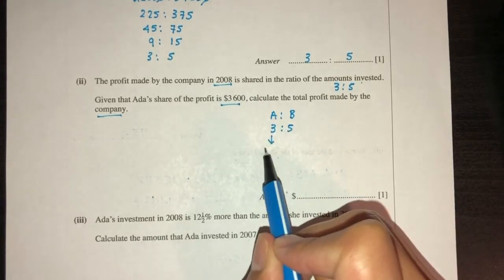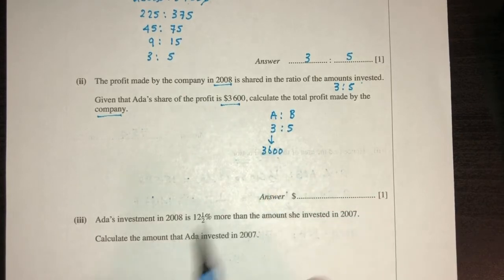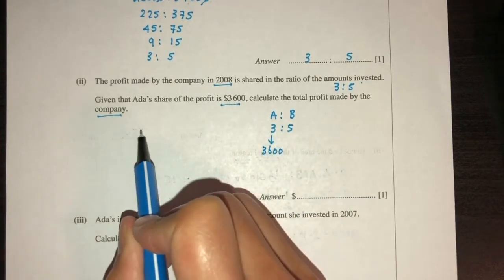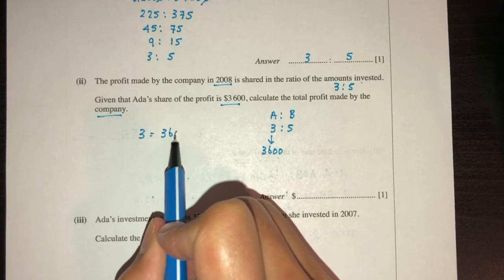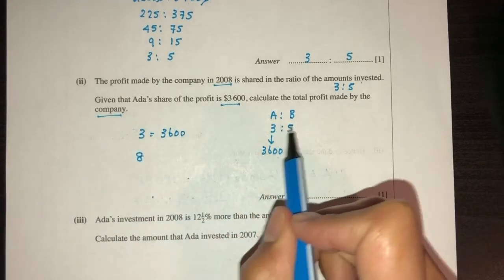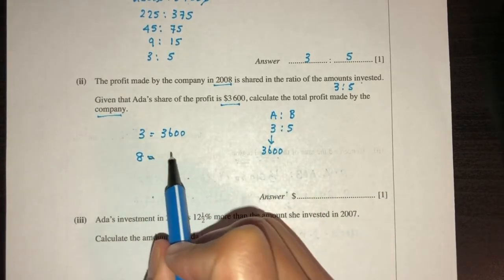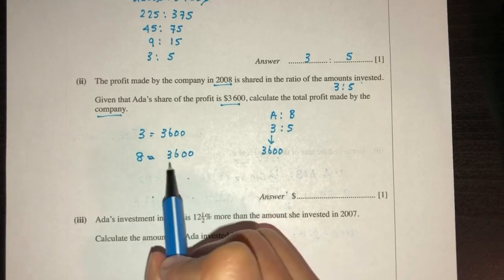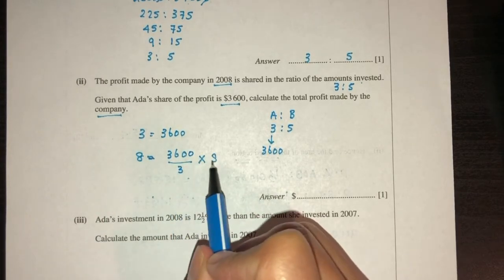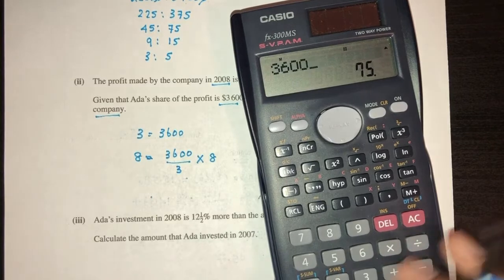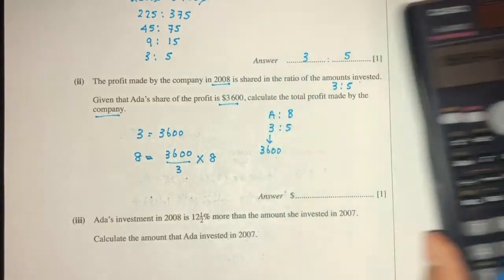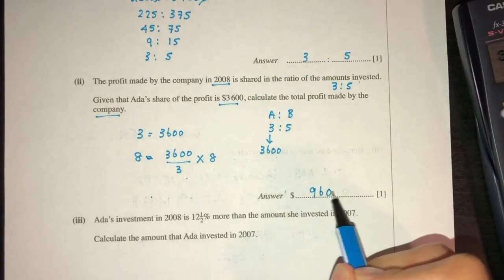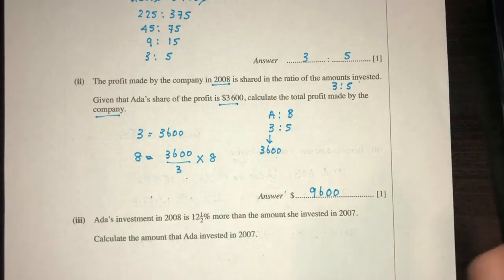If 3 is equal to 3600, in total we have 8. So 3 plus 5 is 8, 8 is the total. That will be 3600 divided by 3 times 8. That should be 9600 for the profit made by the company.